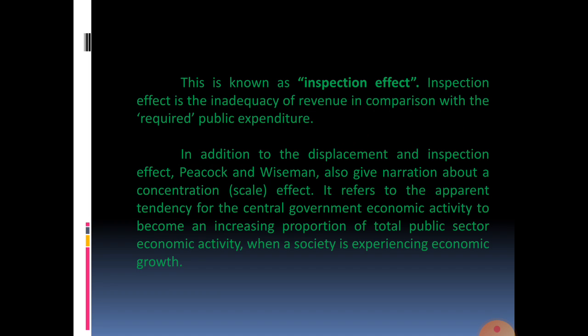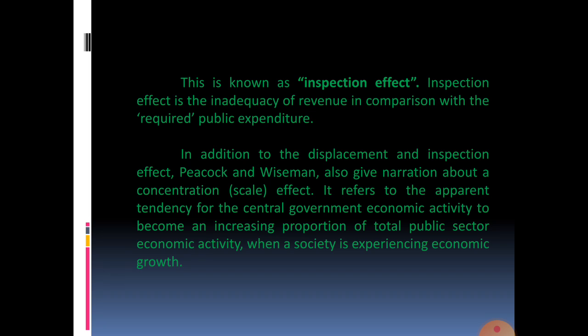In this inspection effect, the government has inspectors who diagnose all the problems, what the social problems are and what economic crises there are. These are all inspected and diagnosed by the government. In that way, the government determines what amount is required for removing those situations in the country.